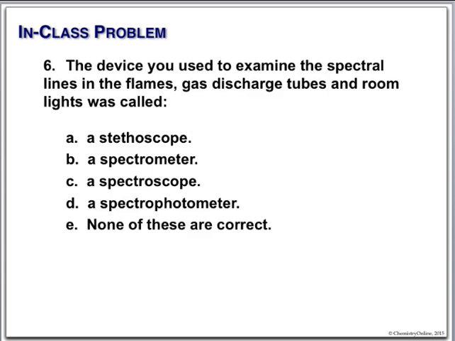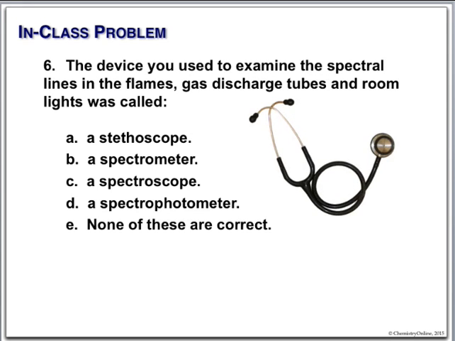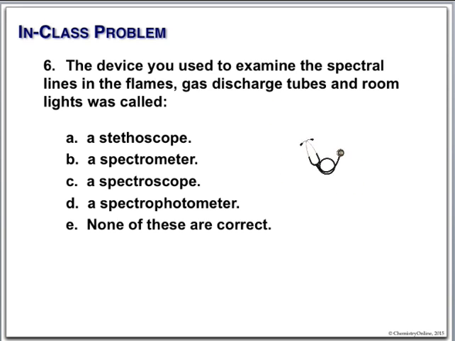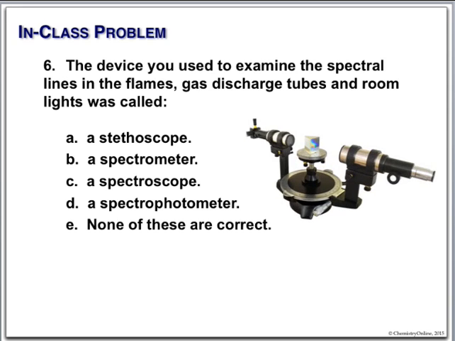When we did all this, we used this little thing to look at it. That's where we saw the scale in nanometers, and we reported those numbers. What was that called? Was it a stethoscope? No, that doesn't look right, does it? Was it a spectrometer? No, they never let us use anything that fancy, would they?